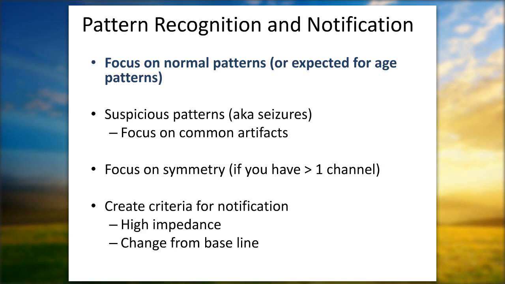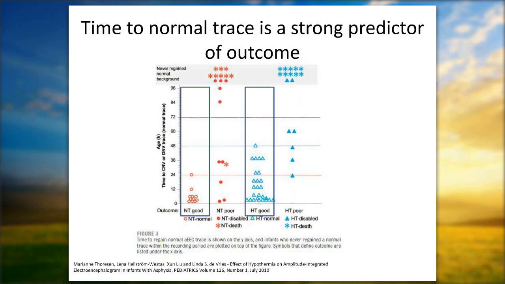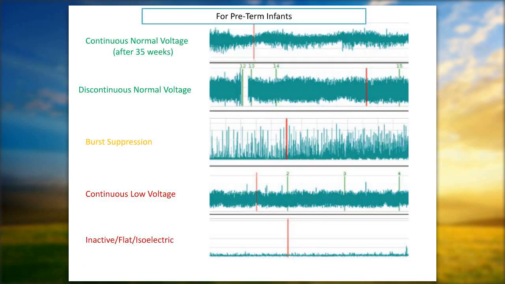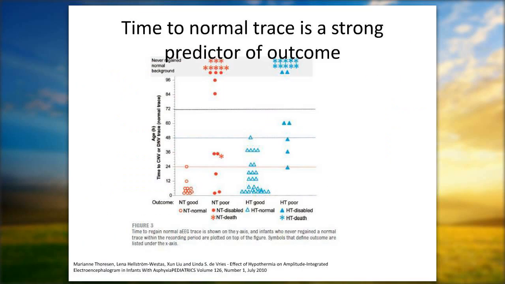So you also ask a great question as well. According to this paper, and I'm going to go back here, the normal trace defined in this particular article, as well as Ter Horst, was discontinuous. Even though it is not an expected pattern for an infant of that age, because of the injury, they allowed discontinuous normal voltage.